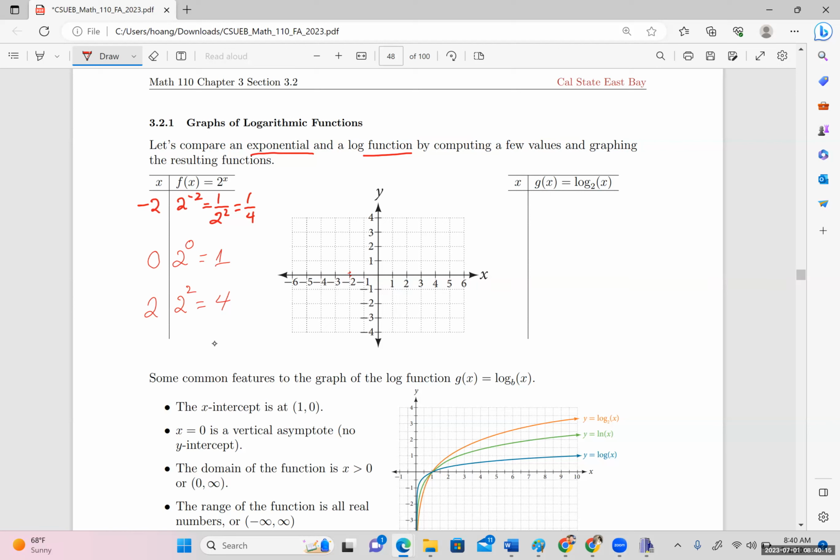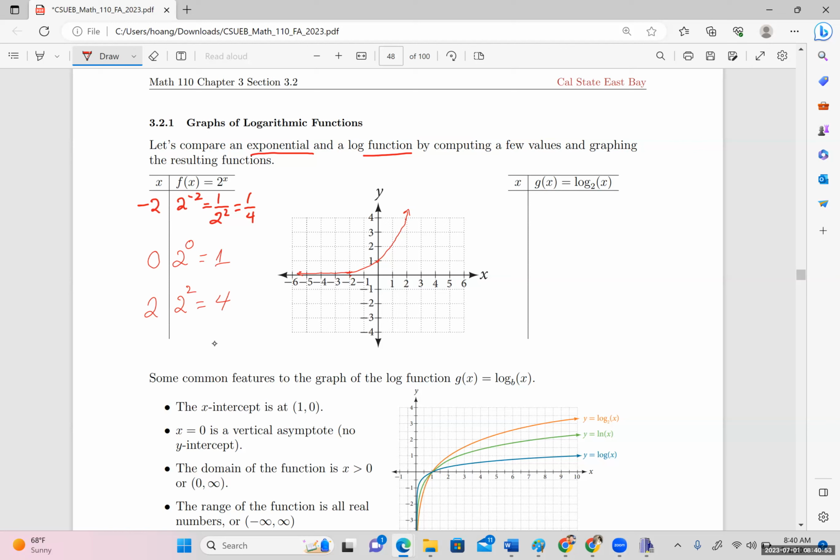I have 0 making 1, and I have 2 making 4. So let's connect those together. And keep in mind that the graph of the exponential function will never go down to negative; it just goes along with the axis.